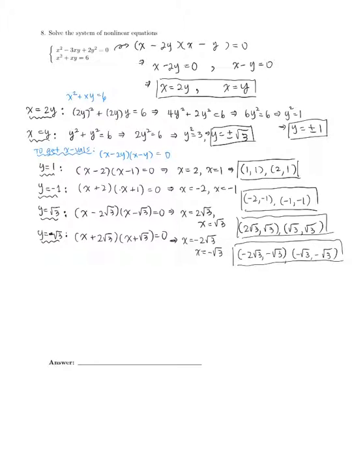I can already tell some are not going to be the solutions. So if you don't see which one's going to be the solution right away, just check. So what I'm going to do now is check, in order. So let's go with 1 comma 1.